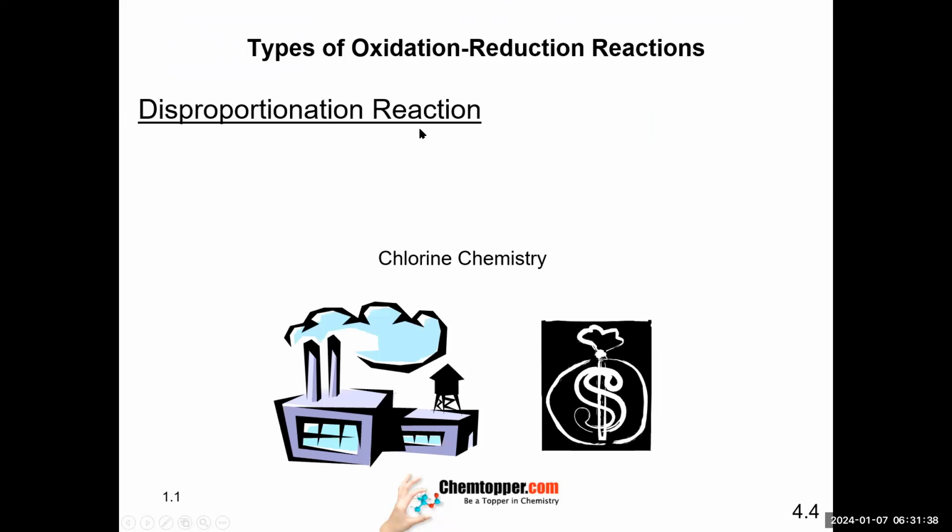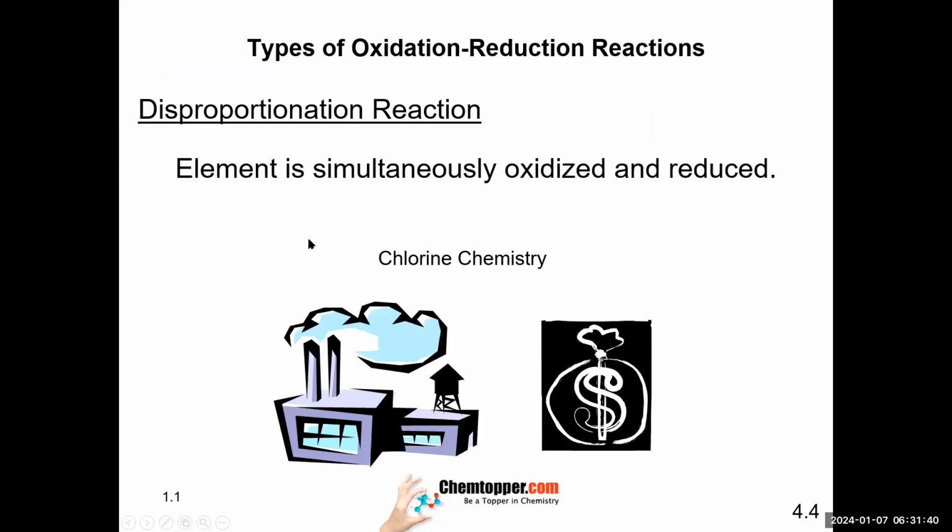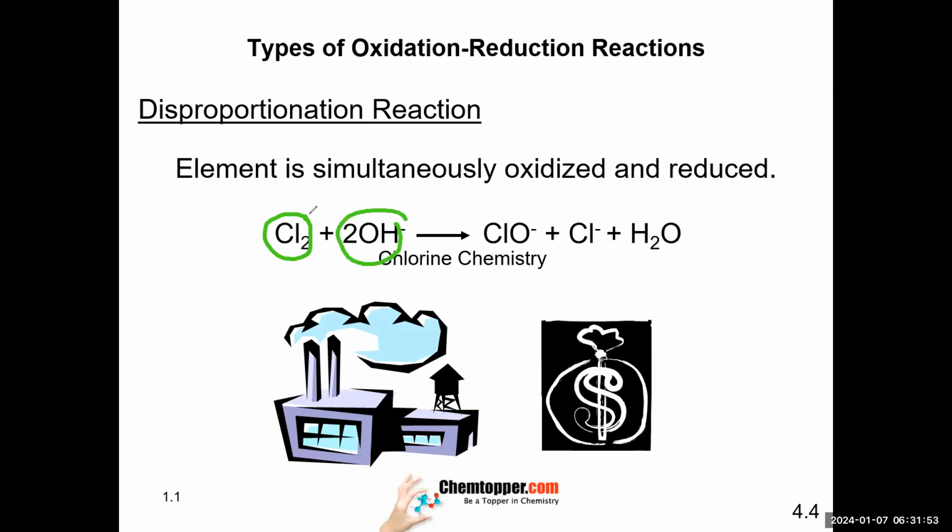Then I discussed with you this disproportionation reaction, in which this chlorine gas Cl2 in the alkaline condition is getting oxidized and reduced. The same element, element of the same substance Cl2.